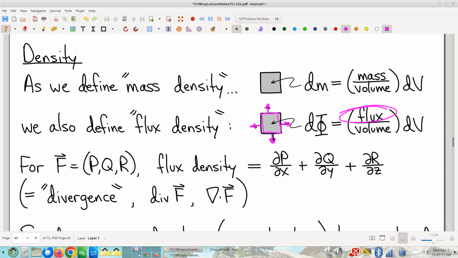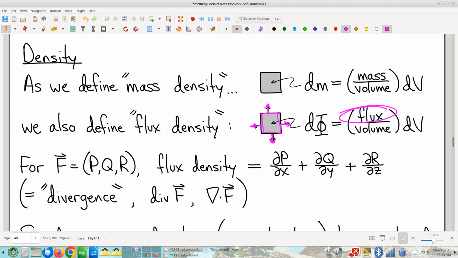It's a lot of extra syllables to say boundary flux instead of just flux. So in this entire section, when we say the word flux, I probably mean boundary flux. Context will be your guide. Make sure to keep a lookout for that.